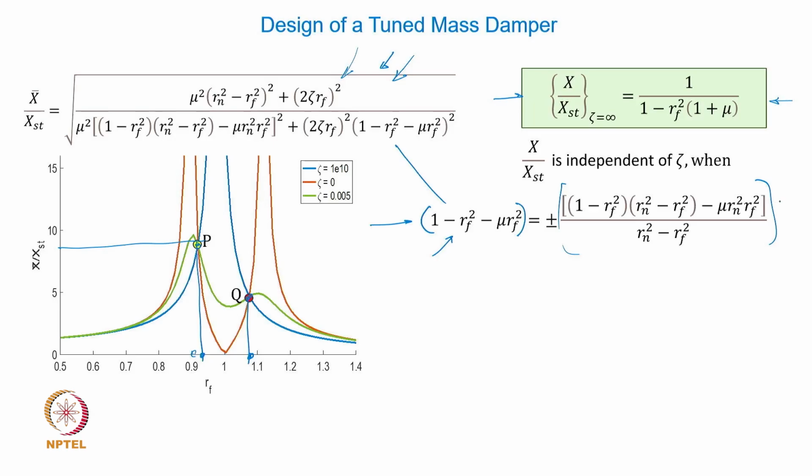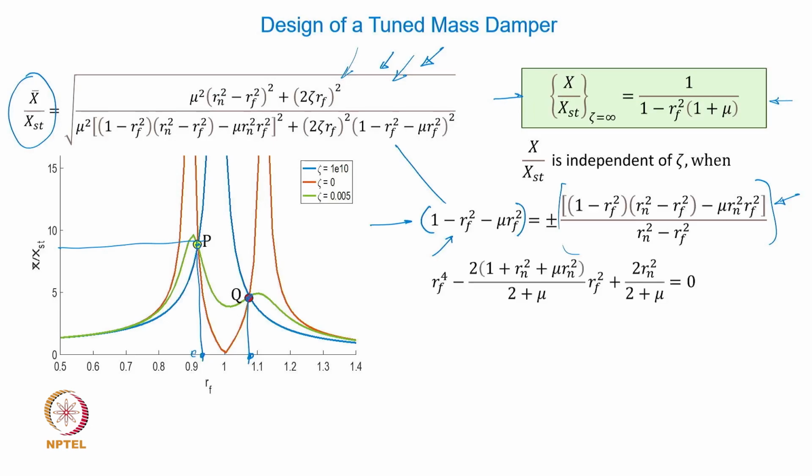If this is satisfied, and if you substitute this here, this expression will be independent of zeta, and that means we are referring to the positions of point P and Q. Now you have two possibilities, plus and minus. If you use positive sign, you will find some value of RF. I am leaving it to you to try and figure out yourself what that point will be.